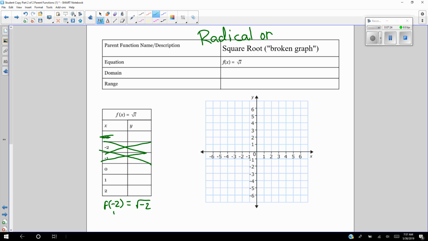And really, we only want to graph points when we're doing this parent function that are perfect squares. So like we can take the square root of 0. Square root of 0 is 0, and the square root of 1 is 1. The square root of 2 is a really long irrational number, messed up decimal. So we could graph that, but we want to avoid really tricky decimals when we're graphing. So the table of values, the x values that we're going to pick: 0, we're going to pick 1, we're going to pick 4.